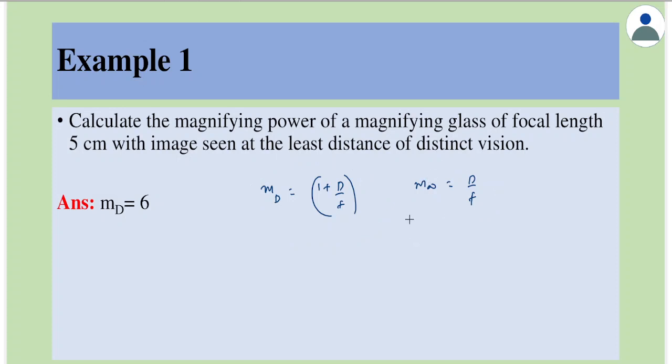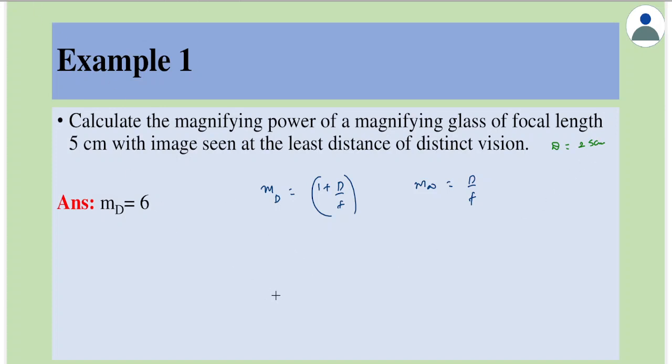Here the question says to calculate the magnifying power when the image is formed at least distance of distinct vision. So we know that in theory class we studied D is equal to 25 centimeter.